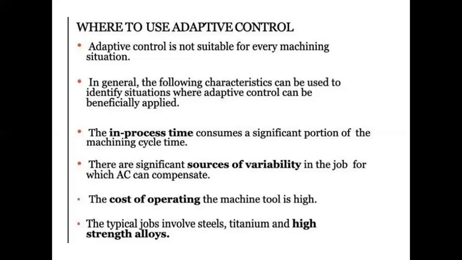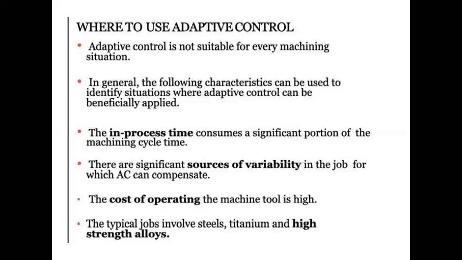For example, there could be vibration, caused by a problem with the tool that is not mounted properly, or the machine itself being too old, so there are vibrations. You don't know where the vibrations will come from. So where the sources of variability are many, your adaptive system will compensate for it, right?